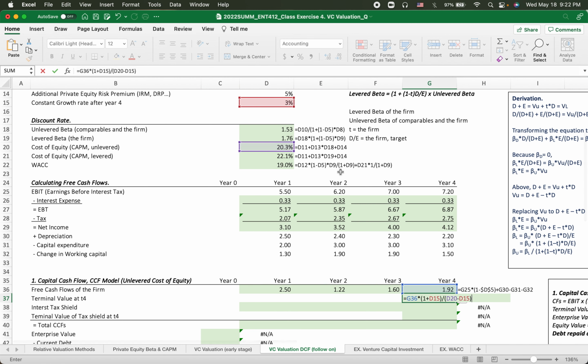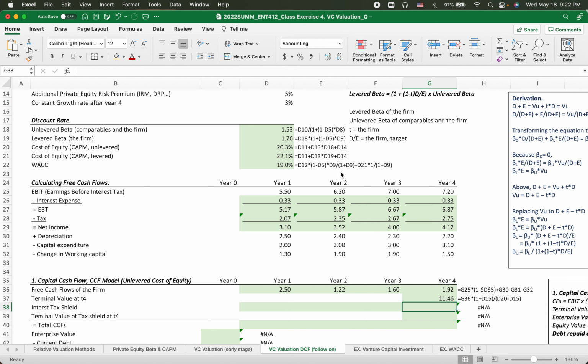That is the constant growth model. And then we got $11.46 million, the permanent cash flow present value at the end of year 4, or at the beginning of year 5, the same time.